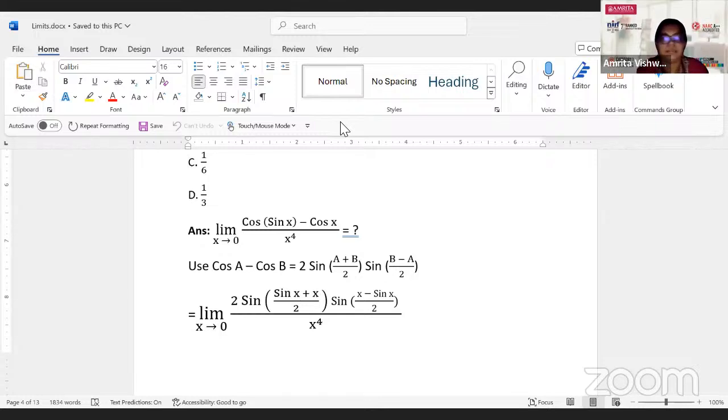So here, just look at this. In cos A minus cos B, A becomes sin x and B becomes x. So 2 sine of (sin x plus x) by 2 into sine of (x minus sin x) by 2, divided by x raised to 4. So you have expanded it.